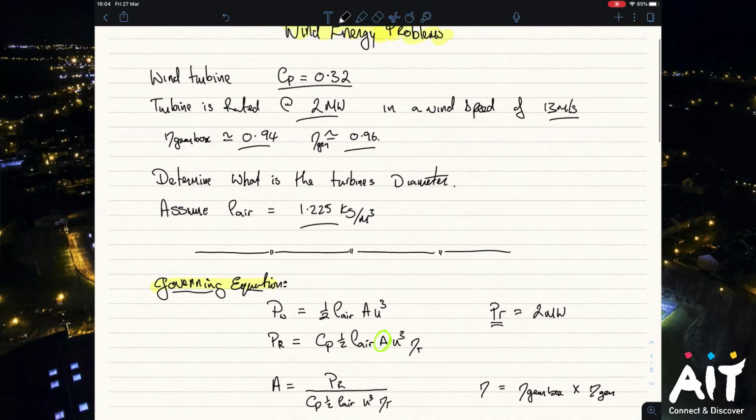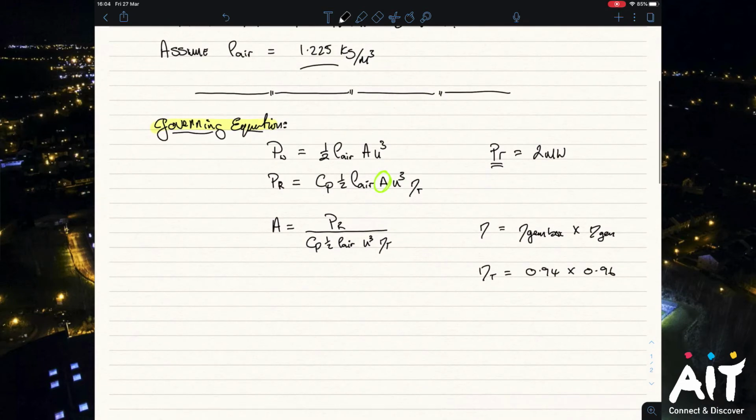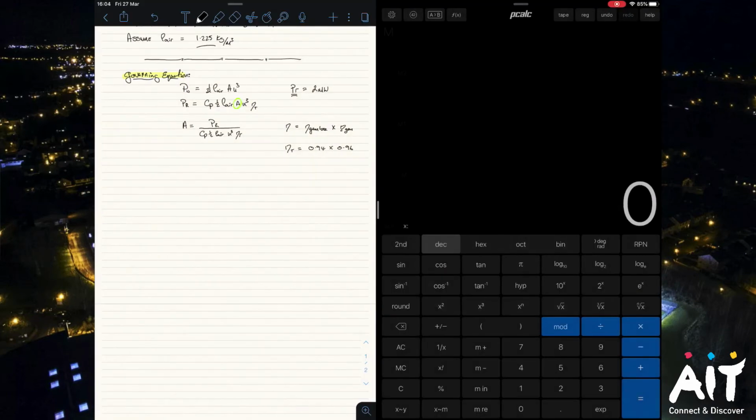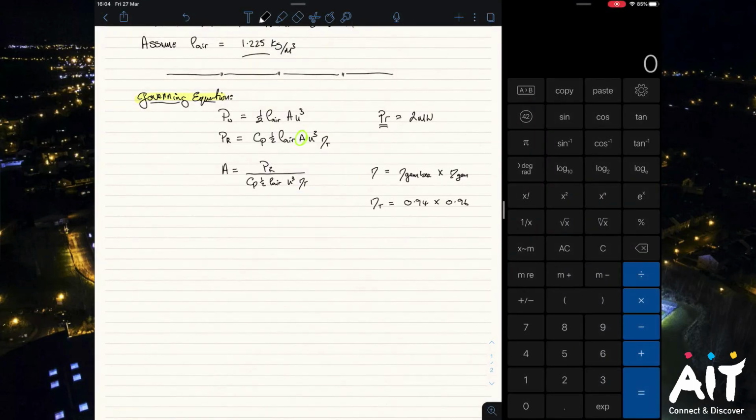I think those are the two values we were given in the question. We want to work that out first of all, so we get our calculator. 0.94 multiplied by 0.96 gives us a total efficiency of 0.902, so roughly 90%.